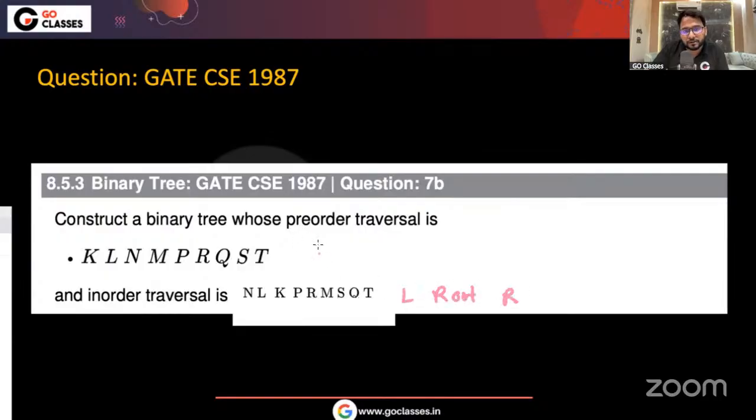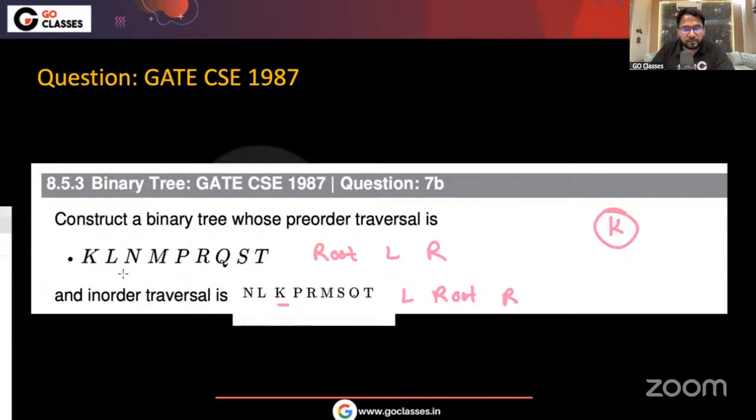Pre-order means root, left, right. So K is the root, that is for sure. Once you determine K, among NL you need to determine what is on the left and what is on the right.